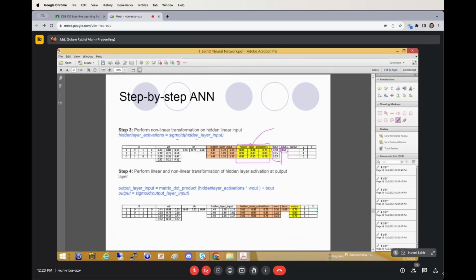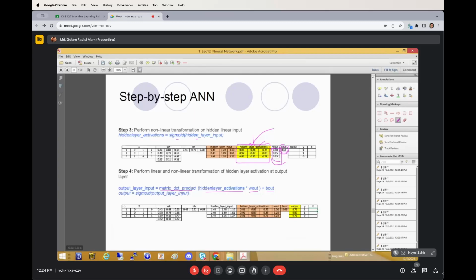Okay, hidden layer output. So in this case, we can see here that there is the matrix dot product of hidden layer activations. So these are the hidden layer activations, and then W out, there is the weight of the output layer, plus of here the B out. That means bias of the output.